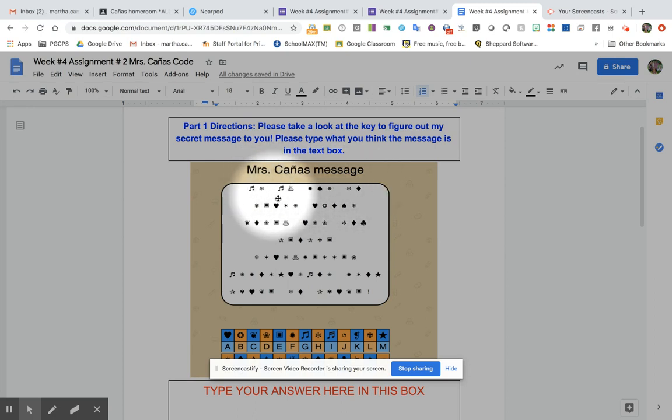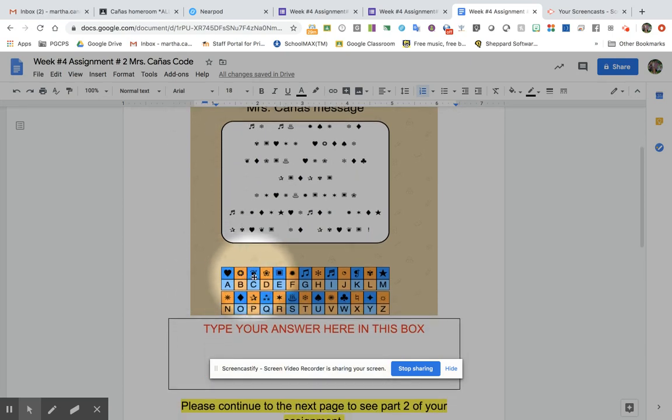There will be a space in between each word. Now this music symbol, you're going to have to look at the key. Oh, there it is. Now that looks like the music symbol, music note, I'm sorry. But it's really this one because it has 2 bars at the top. You see that? So that means the first letter in the message is an I.